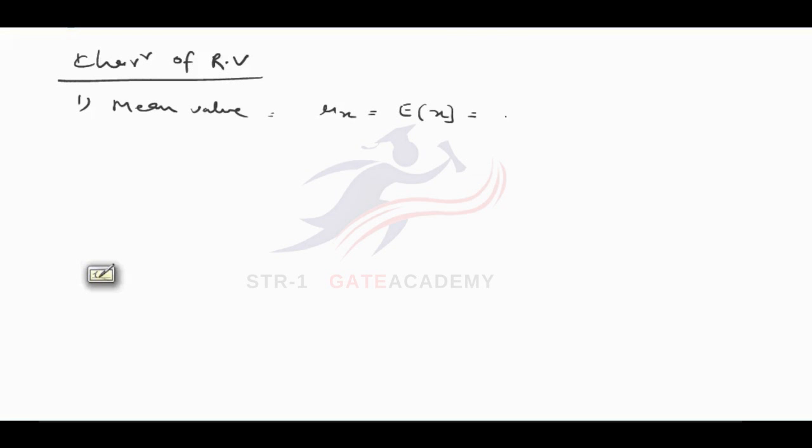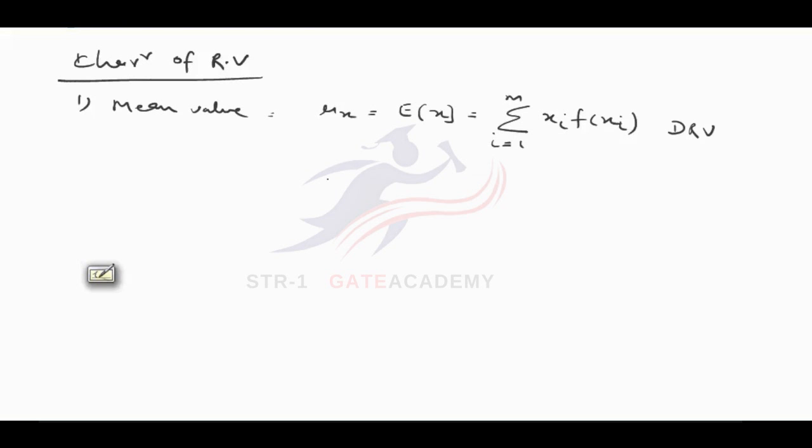Now, characteristics of a random variable: mean value. We already discussed this topic in maths. F(xi) for the discrete case, DRV.